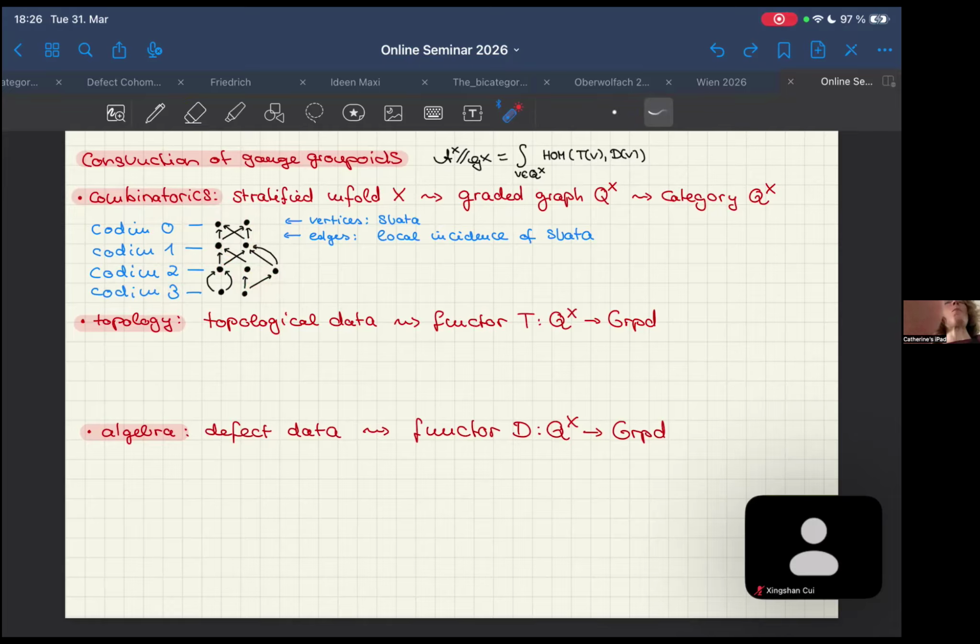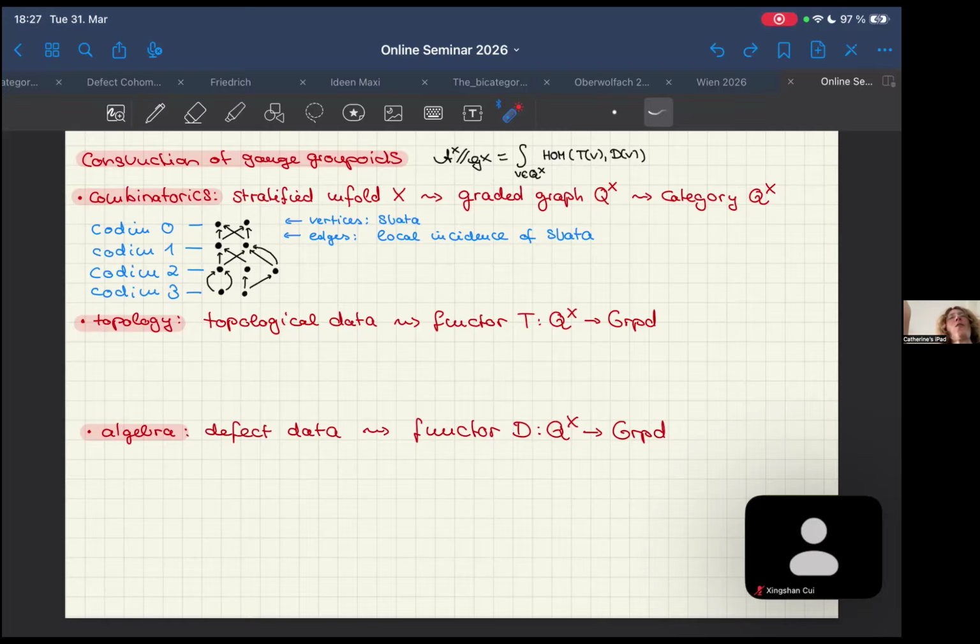We have assumed from the beginning that each codimension 1 stratum has an incident codimension 0 stratum, and so on. Yes. So the vertices of these graded graphs are the strata. The edges describe the local incidence of the strata. And the degree associated to a vertex is basically the dimension or the codimension.